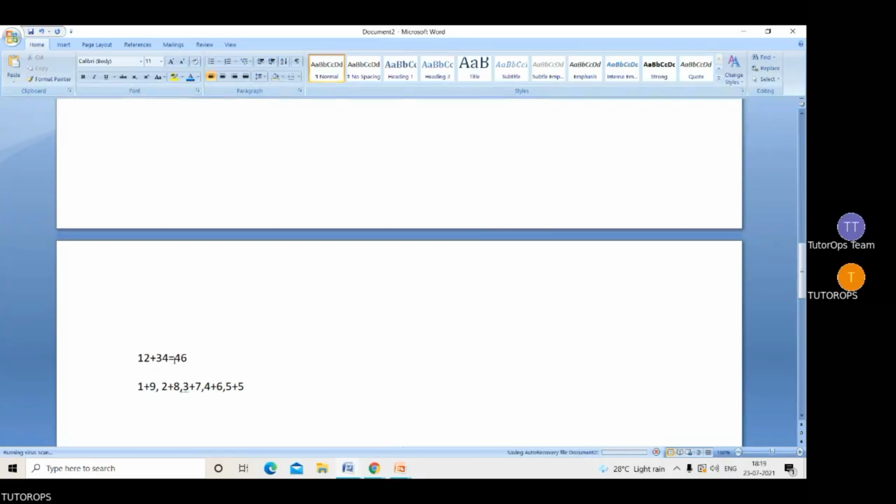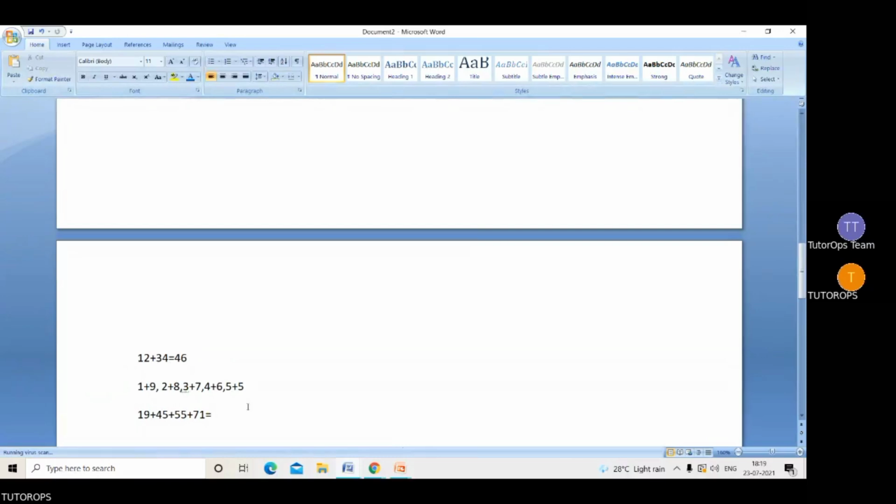So, let me take another example. It will be easier for you to understand this method. Say 19 plus 45 plus 55 plus 71. We need to make groups for which the last digits will make one of the pairs.